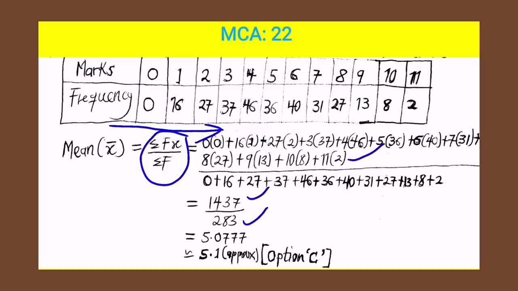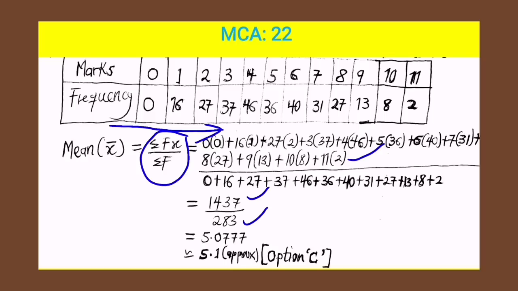So you can clearly see that we have 142. If I add 0 to 16, I'm going to get 16. I won't get to 142. Plus 27 won't fetch me 142. Plus 37, it won't fetch me 142. So add 0 plus 16 plus 27 plus 37 plus 46. Even with that, you get a value that is less than 142 as our position.